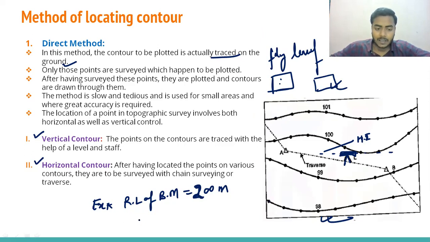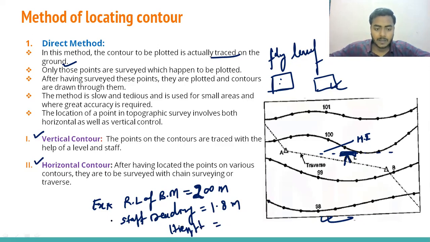Now we take the staff reading at some points. Suppose the staff reading we get is 1.8 meters.